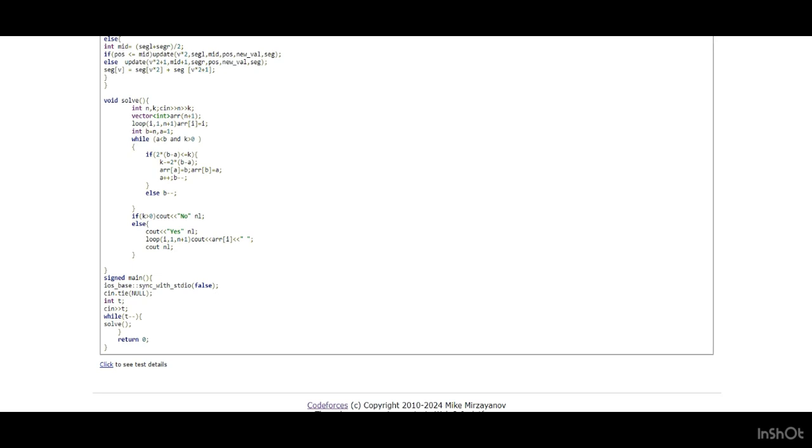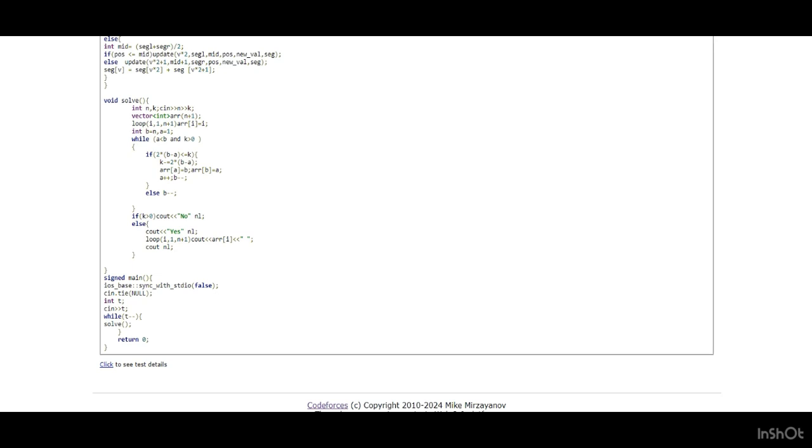In the question we have to give the permutation, so we will store the numbers that we have swapped. In this case, originally at the place of a the value b will come, and at the place of b the value a will come, and we will move to the next index.